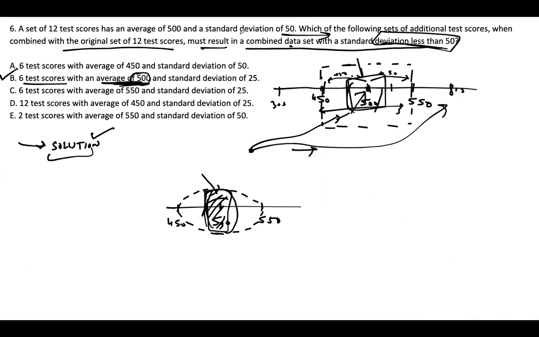Right now, for your original data, you can deviate with respect to 500, 50 units to the right and 50 units to the left. With respect to option choice B, you can deviate only 25 units to the right and left. So your data is very close to your mean.